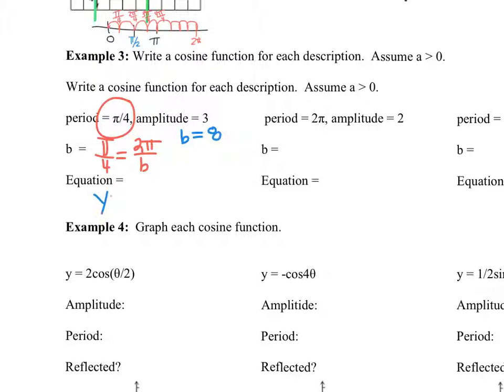So my equation is going to be y equals 3 cosine of 8x. So the relationship is the greater your b value, the lower your period will go down. Okay, the more cycles you have, the shorter the period will be.